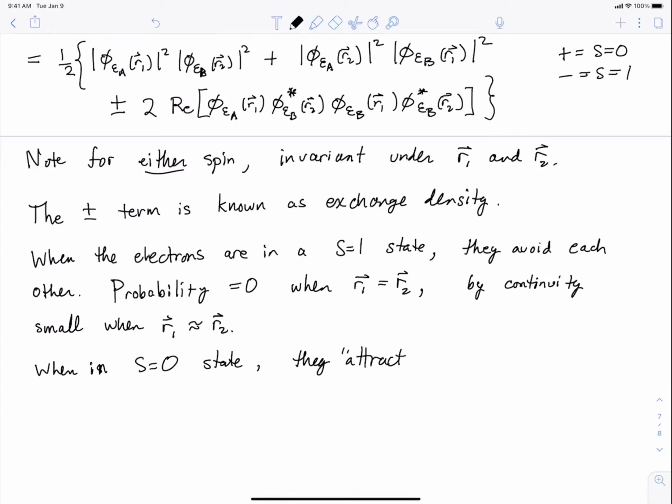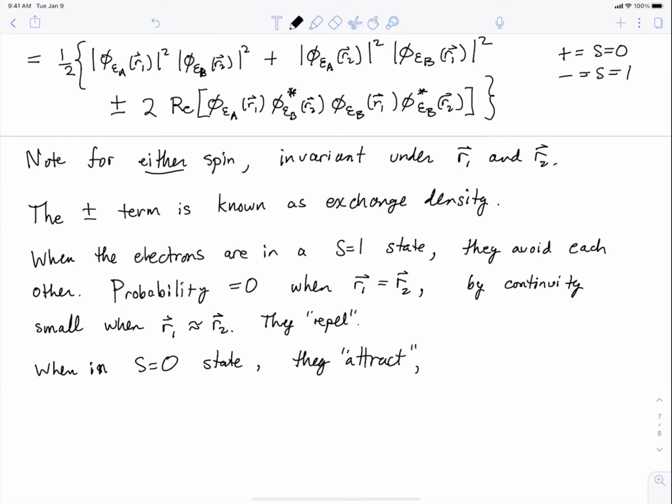I'll put attract in quotes. So here they repel in quotes. And I want to emphasize this has nothing to do with the electrostatic repulsion between electrons or any other electrical properties that they have. This would happen even if they were particles that didn't have any charge whatsoever.